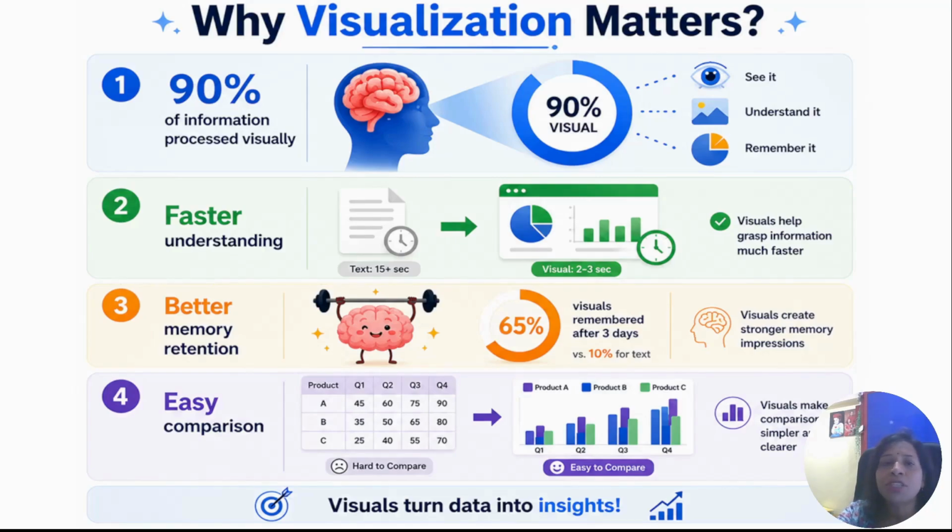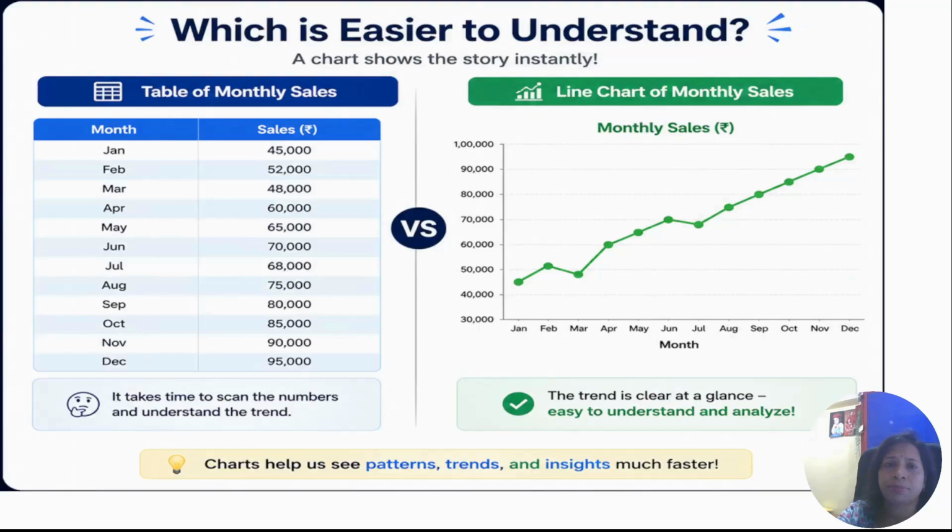When information is presented visually, our brains can quickly identify patterns, different types of trends, and differences. This is why organizations prefer dashboards and charts instead of large spreadsheets. Visualization improves communication and makes information accessible to both technical and non-technical audiences.